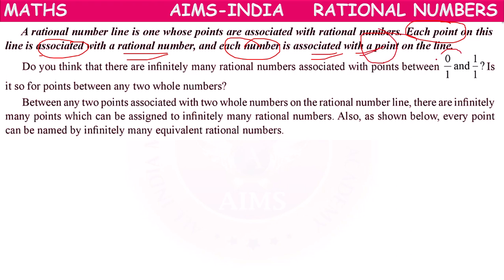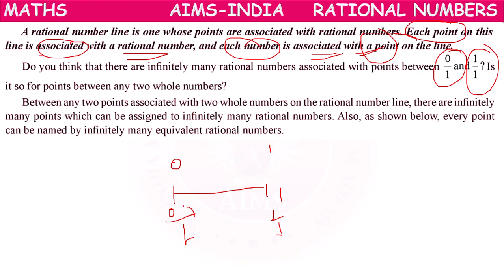Now 0 by 1 is also a rational number. 1 by 1 is also a rational number. 0 means we can write it as 0 by 1. 1 means we can write it as 1 by 1. Both 0 by 1 and 1 by 1 are rational numbers. Between this 0 by 1 and 1 by 1, if you make 3 equal parts, we will get 3 rational numbers. If you make 5 equal parts, 5 rational numbers.